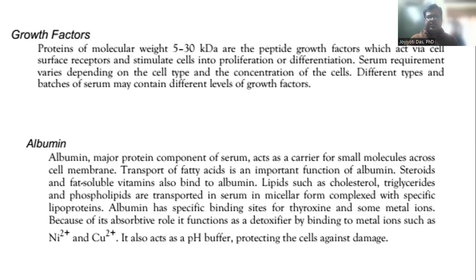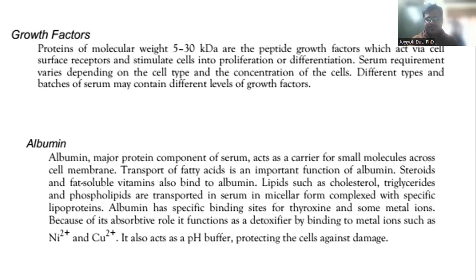There are also growth factors and proteins in serum. What are these? These are proteins of molecular weight 5 to 30 kilodalton, and we have proteins such as albumin, as we saw in the last table. It's a major protein component of serum.